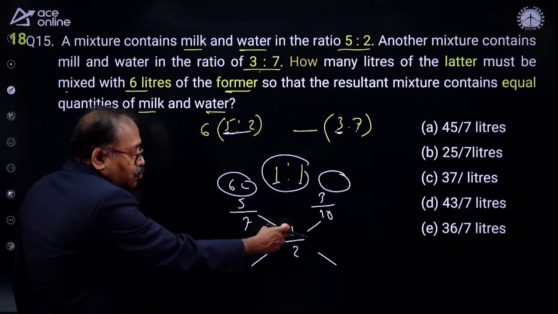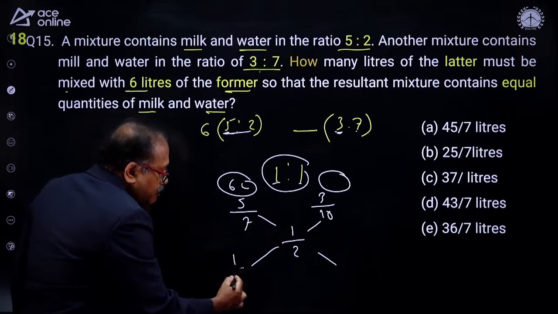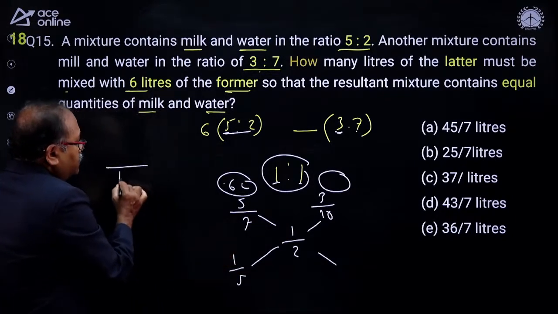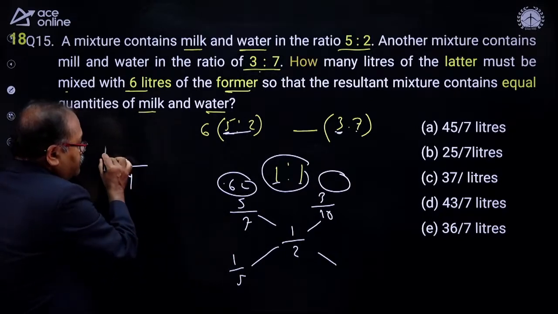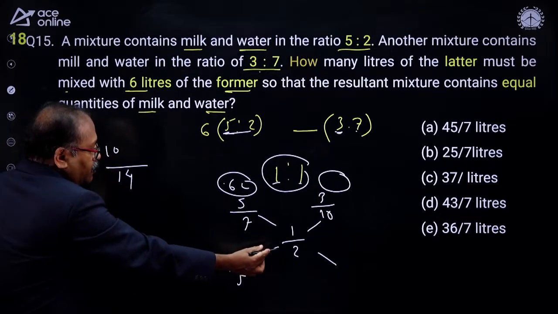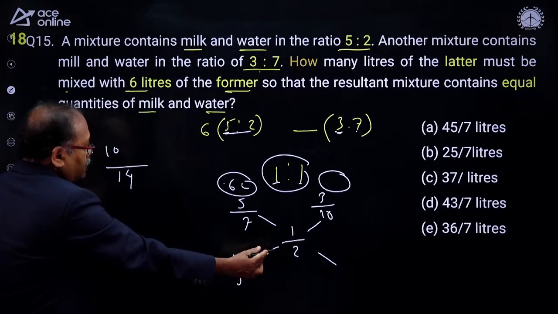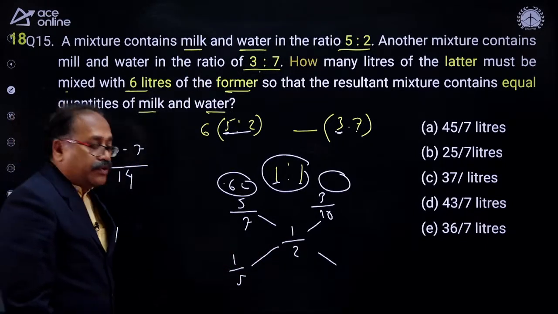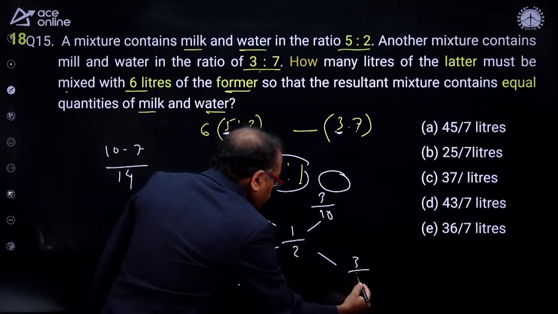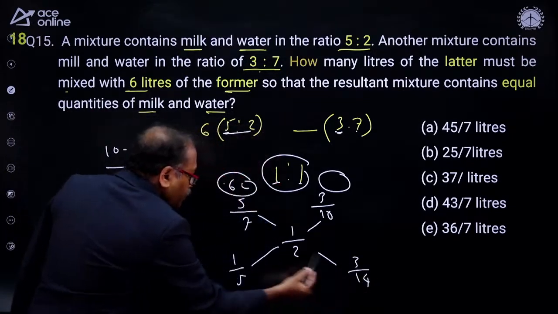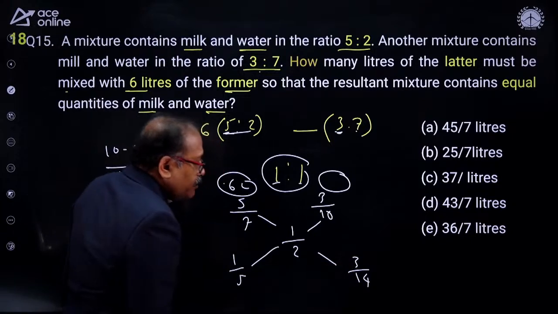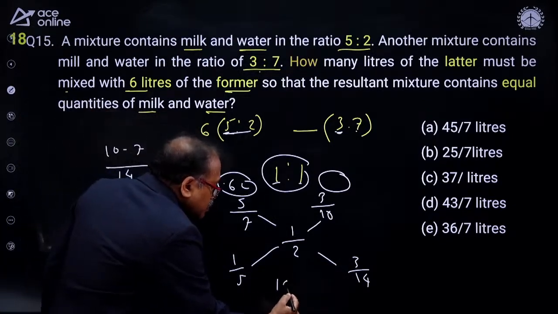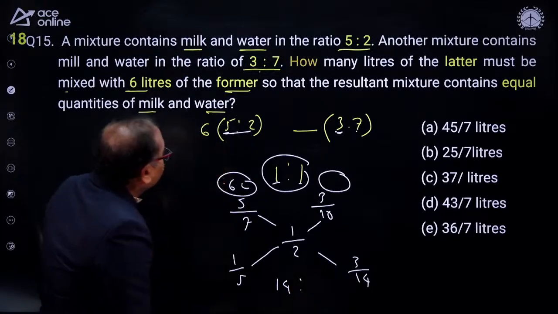That is 2/10. 2/10 is nothing but 1/5. Now take the difference between these two. The LCM is 14, and this is 2 times, this is 10, and this is 7 times. That's 7. So I get 3/14. So 14 will come over here and 5 will go over there. Am I right? That's right.